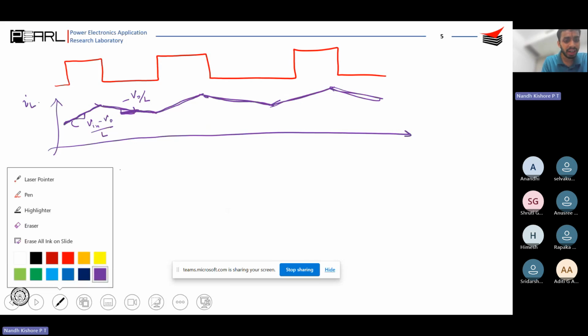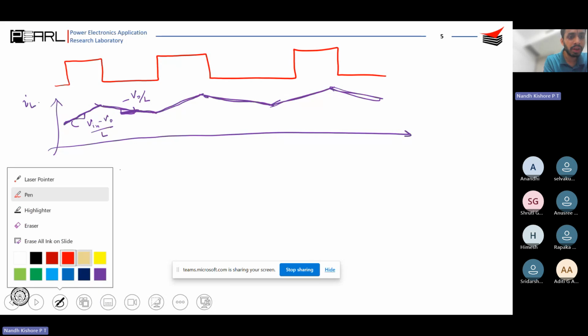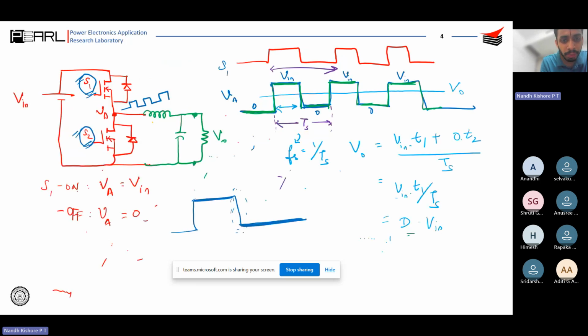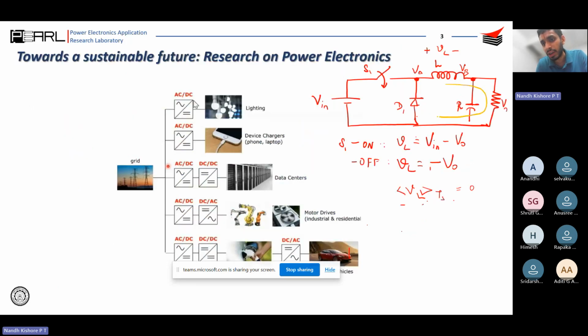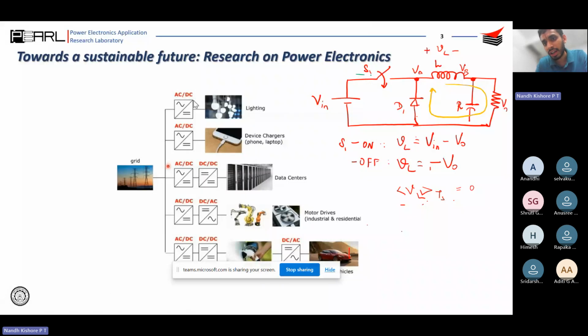If you have studied the currents of S1 and S2, you will know that during this interval S1 is on and during this interval S2 is on, or rather the inductor would be freewheeling through the diode, correct? The inductor current would be freewheeling something like this. And when it has to deliver power, when S1 is on, the current is going to be something like this.